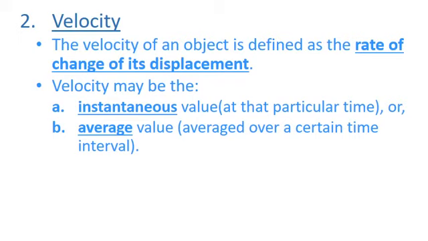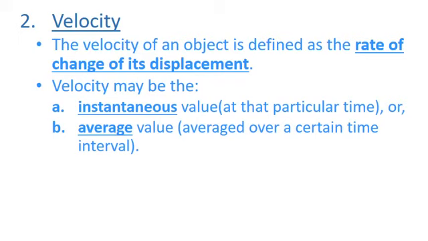By definition, the velocity of an object is defined as the rate of change of its displacement. The velocity of an object may be instantaneous at a particular time or an average value of velocity.